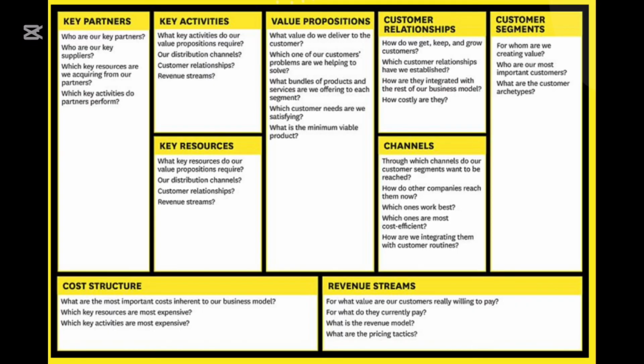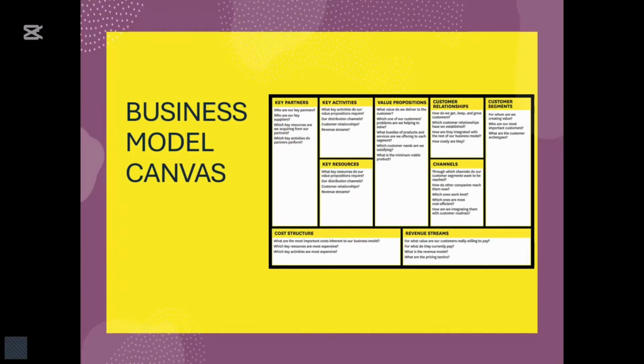In that case, now we can look at our suppliers, our distributors. Those are some examples of key resources. And then what channels are we using to get it to the customer? Those are also some of the areas that we would look at. In terms of the cost structure, what are our major costs? And then in terms of revenue, how exactly are we going to be making revenue?